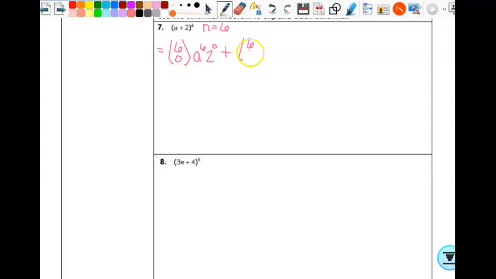So then it'll be 6 things taken 1 at a time times a to the 5th, 2 to the 1st, plus 6 things taken 2 at a time, a to the 4th, 2 to the 2nd, plus 6 things taken 3 at a time, a cubed, 2 cubed. Okay. So you keep going without me saying them out loud.